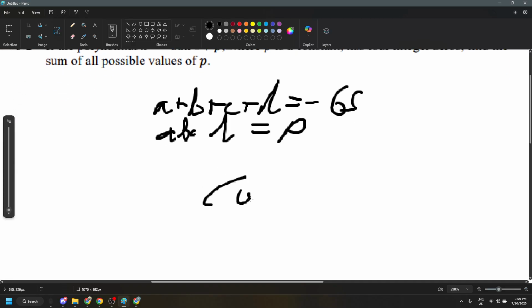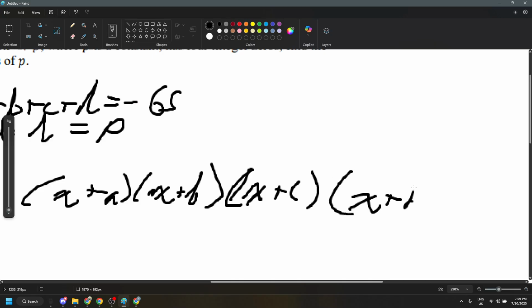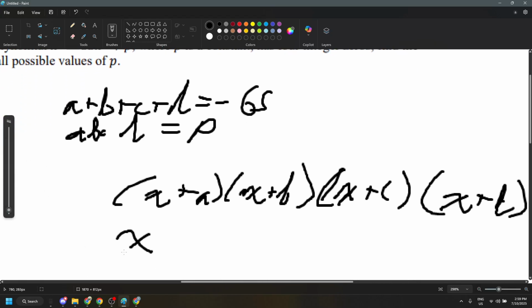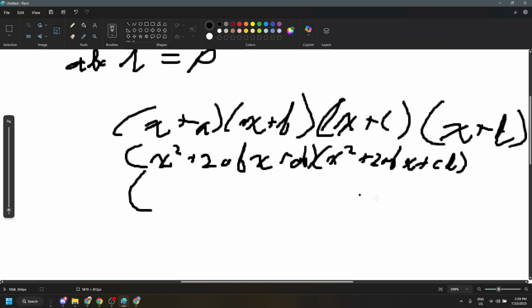If we can factor this into x plus a, x plus b, x plus c, x plus d, then we know that, oh my gosh, wait, x squared plus 2abx plus ab, and then the same thing, x squared plus 2abx plus cd, and then multiply this again, x to the 4 plus 2abx squared, x cubed.